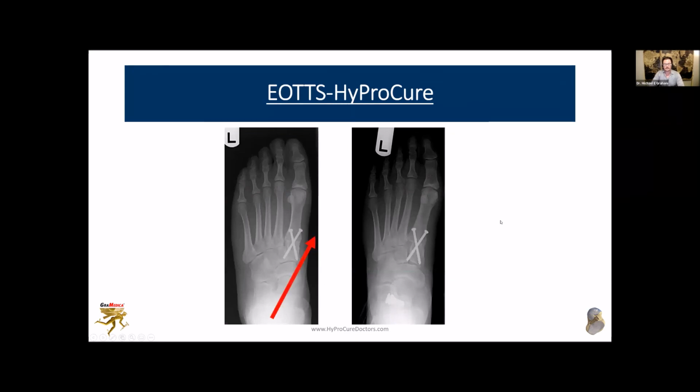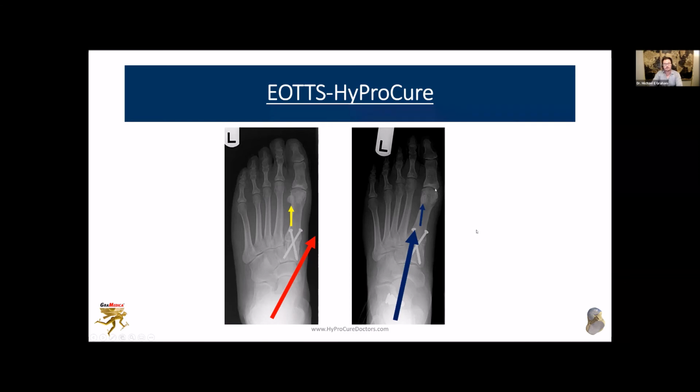So here we can see this is just full weight bearing. These are not altered in any way. She's just standing on her foot, and somebody else took these x-rays. I didn't have anything to do with it. You can see how we have reduced the intermetatarsal angle, and we've realigned the first metatarsal bone back over the sesamoids.